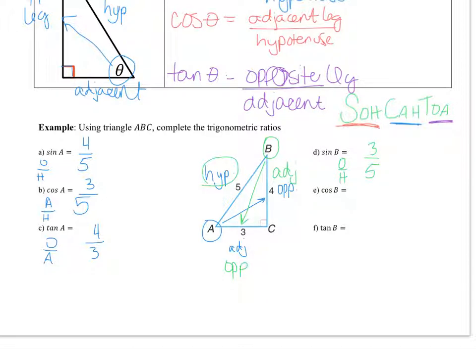Opposite over hypotenuse. Cosine again is the adjacent over the hypotenuse. So going back to your triangle there, adjacent to angle B is 4 over 5 for my hypotenuse. And finally, tangent is my opposite over adjacent, which is going to be my 3 over 4. Again, that all is in relation to what the angle is that we're talking about there.